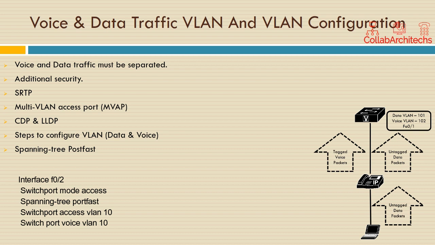Execute the command switchport mode access. Then execute the command spanning-tree portfast. Then assign the access VLAN, the data VLAN, using the command switchport access vlan 10. Then assign the voice VLAN using the command switchport voice vlan 10.